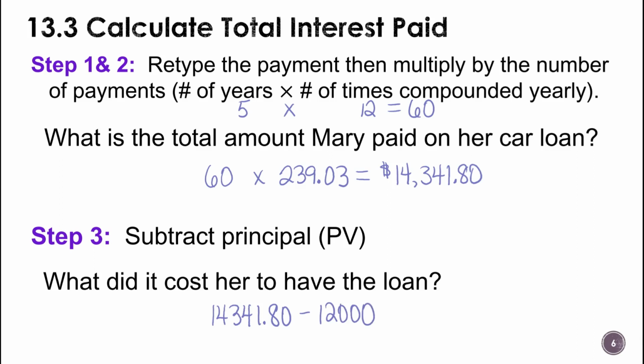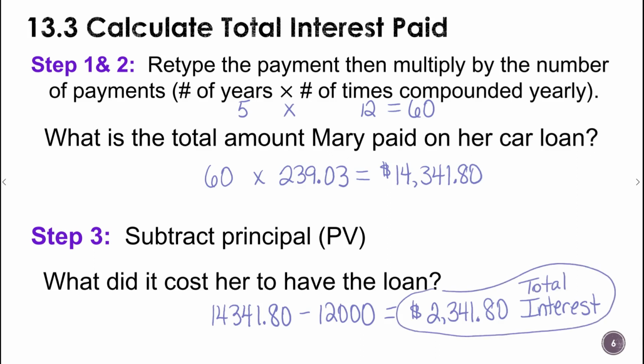That is the principal amount. So we paid $2,341.80 for our interest on this loan. That is our total interest.